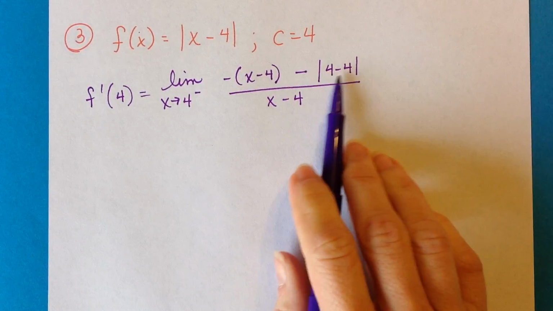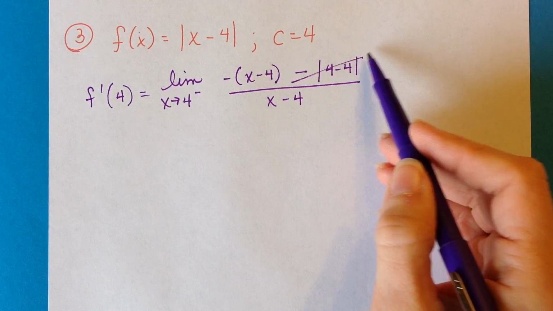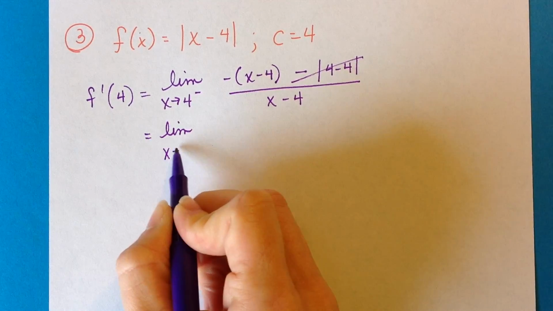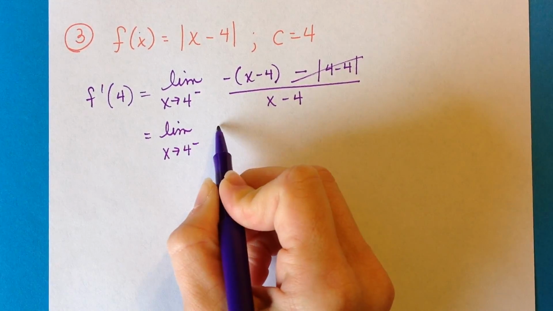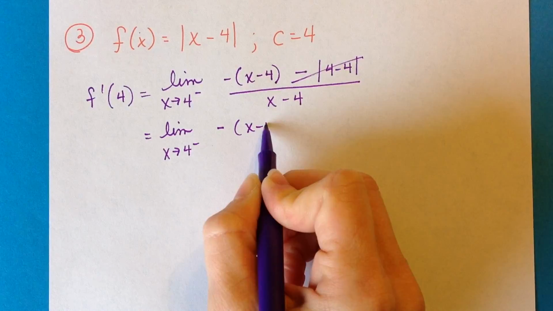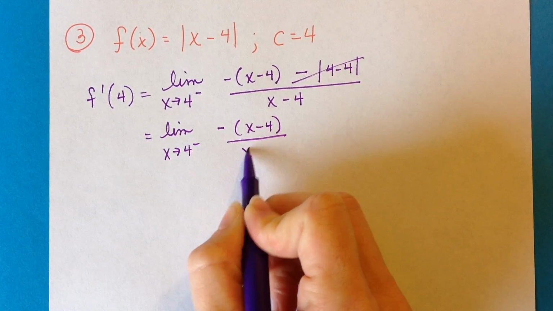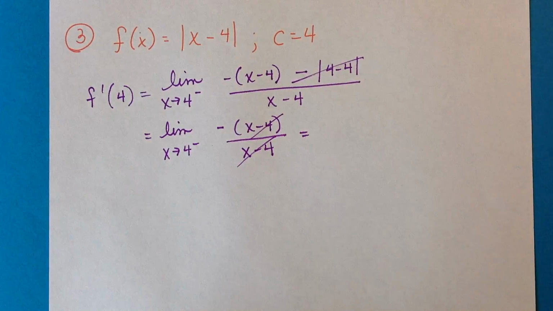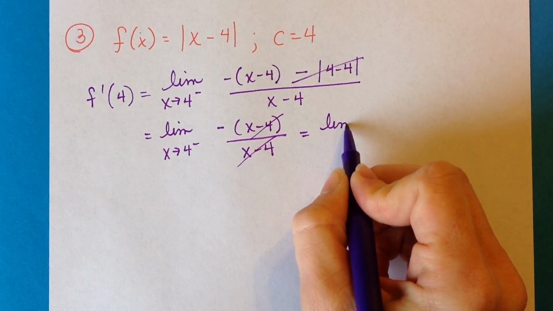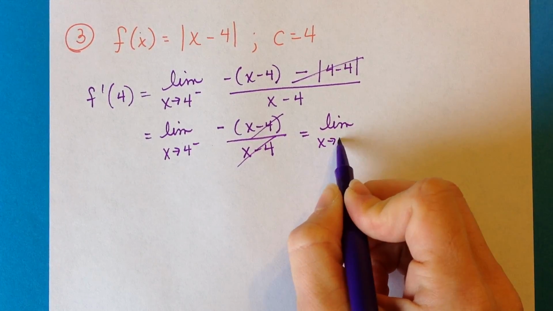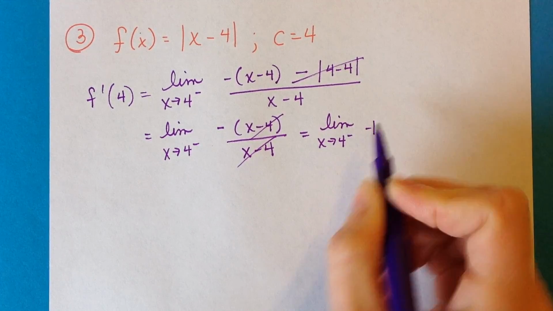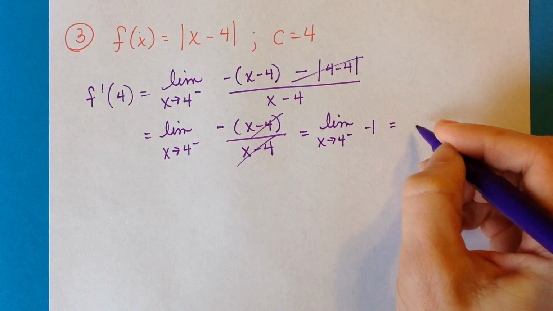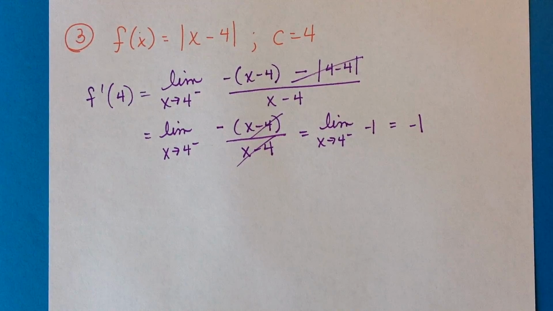So again, this portion is going to end up giving us 0. So like that's going to be gone. So I have the negative of x minus 4 over x minus 4. This is going to simplify because those will cancel out. And I have the limit as x approaches 4 from the left of just negative 1 because I had this negative. But the limit of a constant, remember, is just that constant.